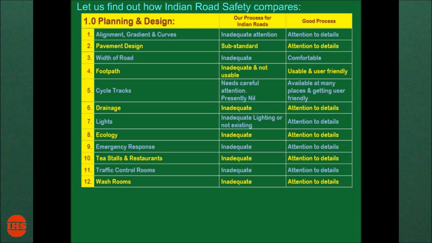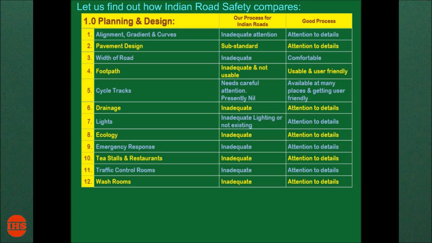Drainage is inadequate. In good process, there is attention to details. Lights, inadequate lighting or not existing. In good process, attention to details. Ecology is inadequate. In good process, there is attention to details. Emergency response is inadequate.